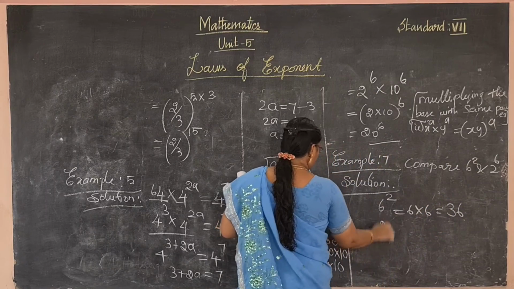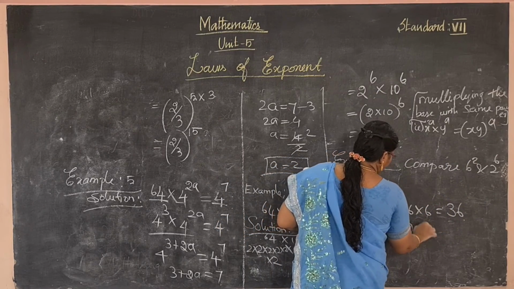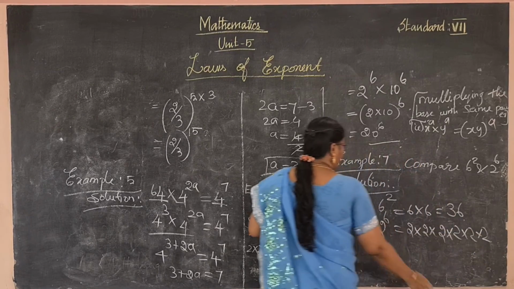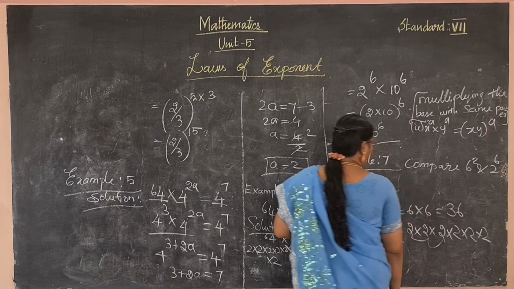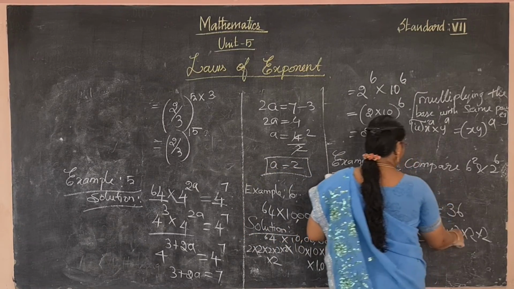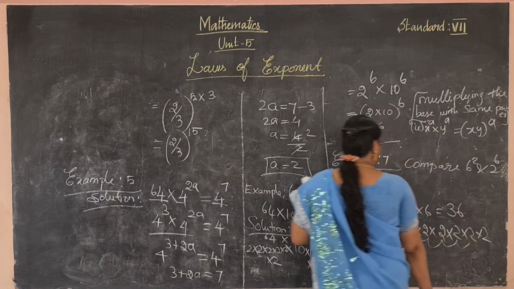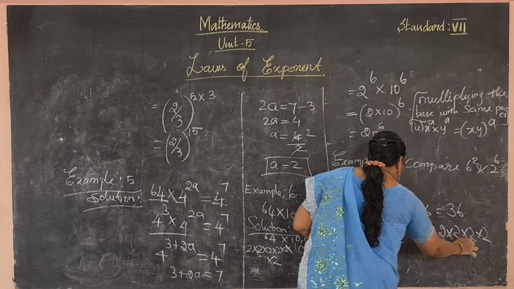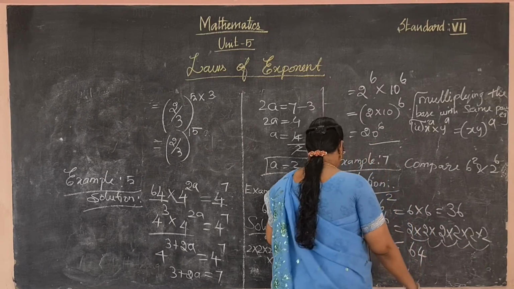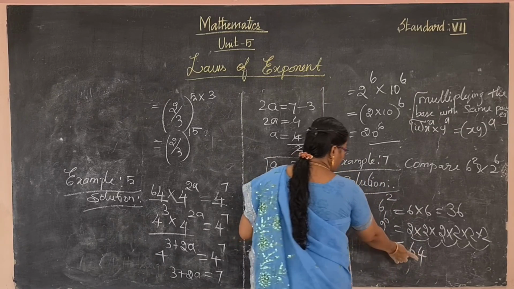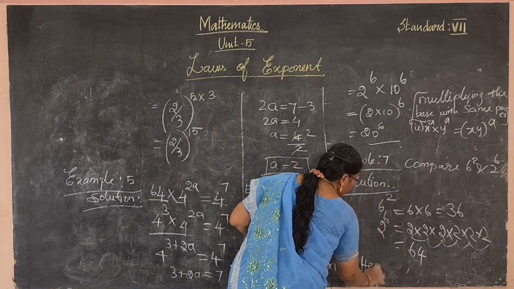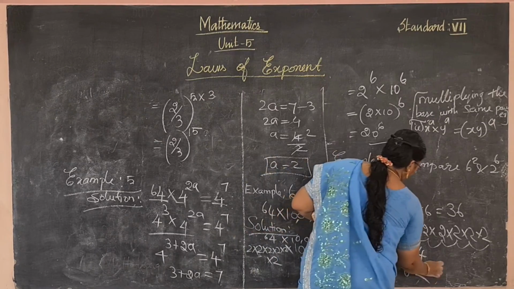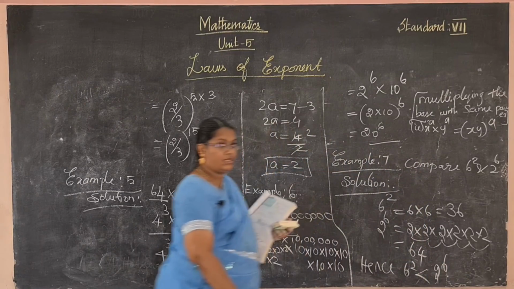Next, 2 power 6: 2 multiplied by itself 6 times. 2 twos are 4, 4 twos are 8, 8 twos are 16, 16 twos are 32, 32 twos are 64. Which one is the greatest value? 2 power 6. Hence 6 power 2 is less than 2 power 6. That's it.